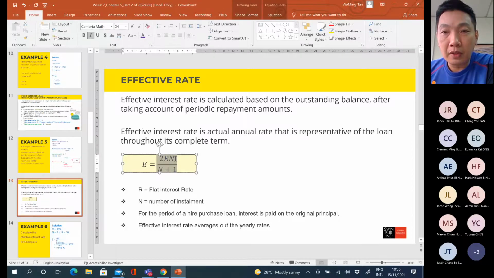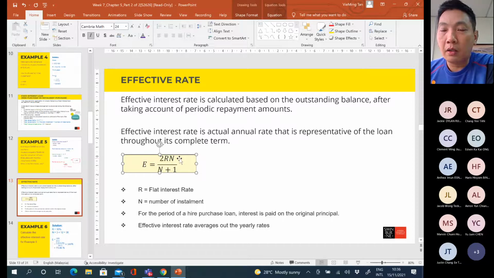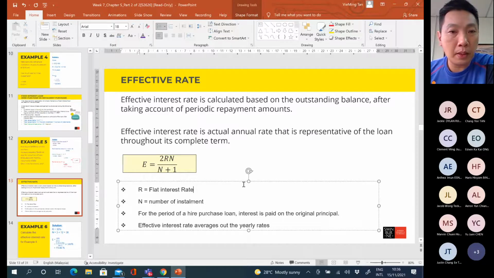N refers to the number of installments, which can be for a hire purchase agreement or for an investment. The denominator is N plus 1. These two N are the same.